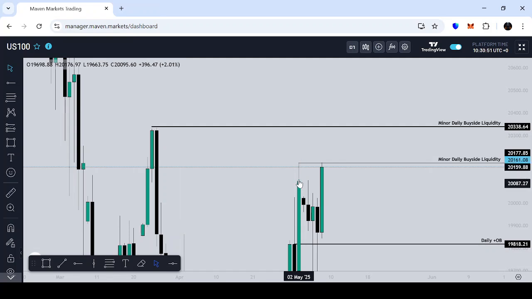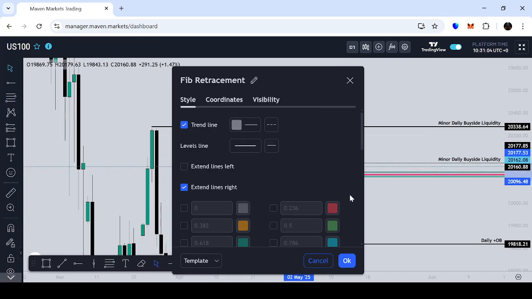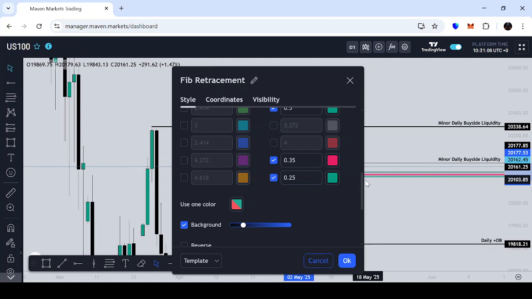This is a wick. The 50% of it is a major premium or discount area. Use your Fibonacci. So what we are looking for now is only the 50% level.